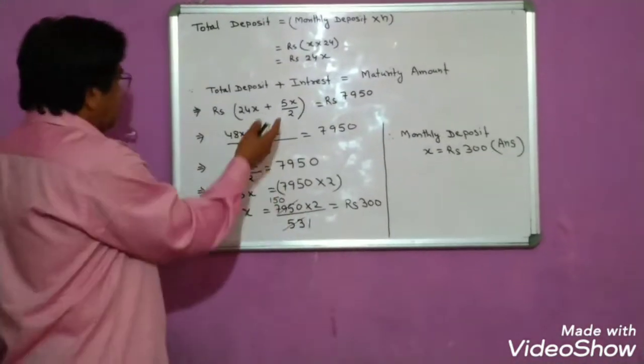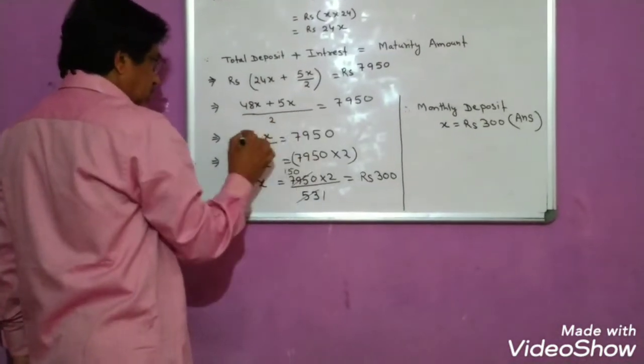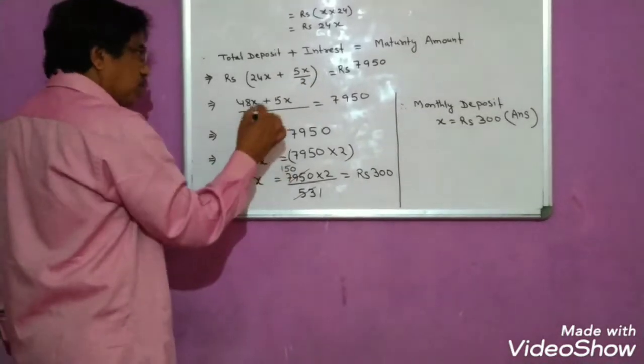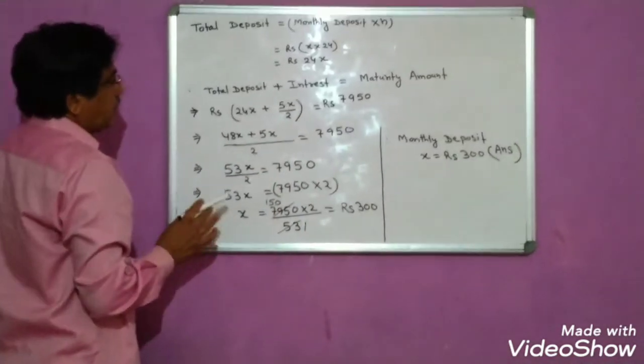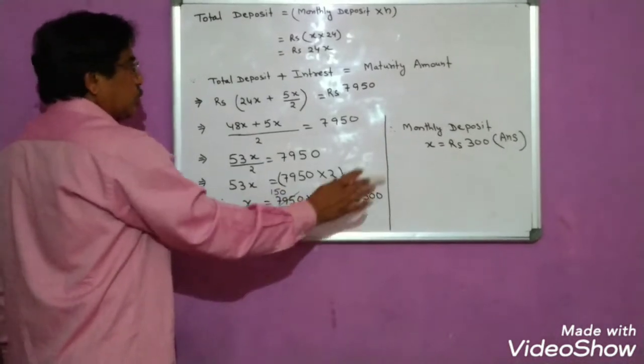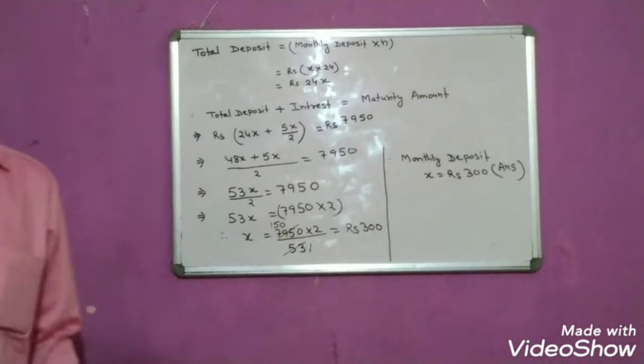By doing the simplification and solving this simple equation, we get the value of x finally as rupees 300. So the monthly deposit was rupees 300, and that is your answer.